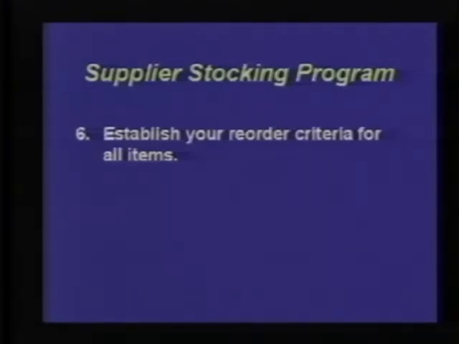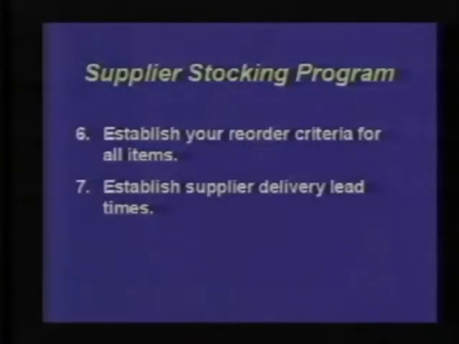And many items that are part of a vendor stocking program can utilize the min-max system, because most suppliers, based upon the minimums that they're going to carry for you, should be able to pick and pack within a 24-hour period. The other application or timing that you have to consider is the transportation time from the supplier to your receipt into your maintenance storeroom.